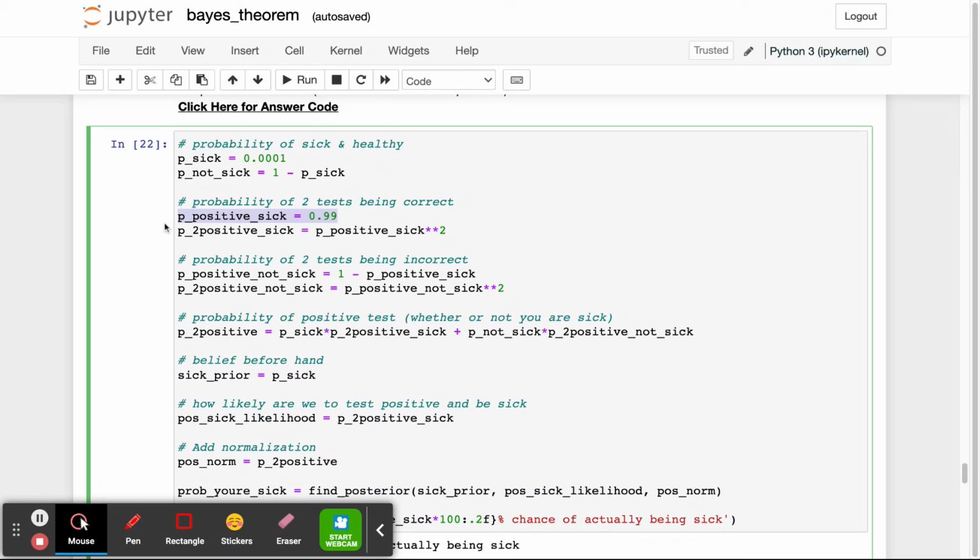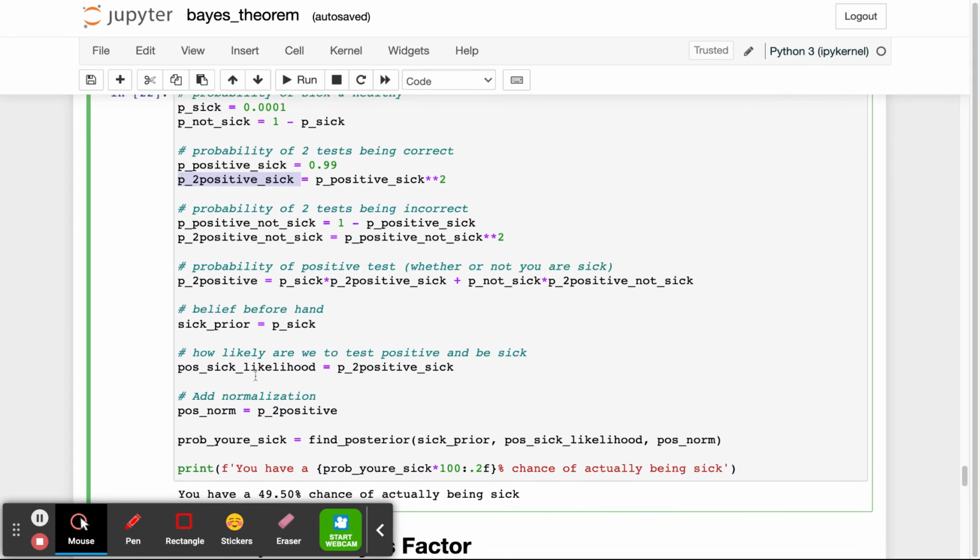So we have 0.99. But now our new likelihood is going to be the square of the probability of testing positive given that you're sick. So we have a new likelihood here.